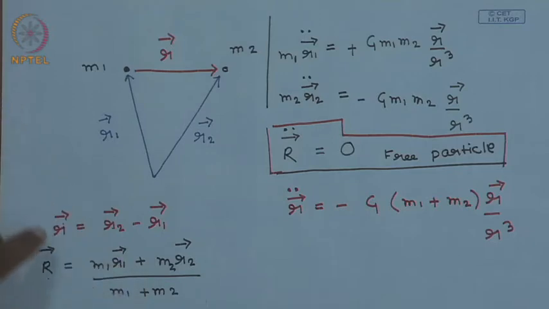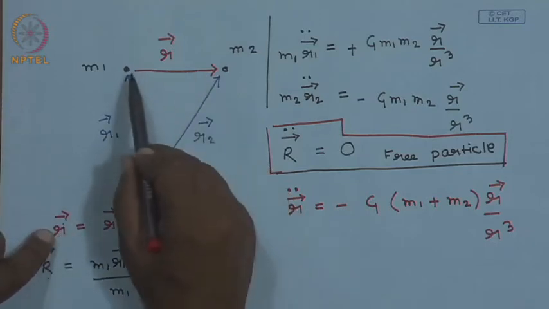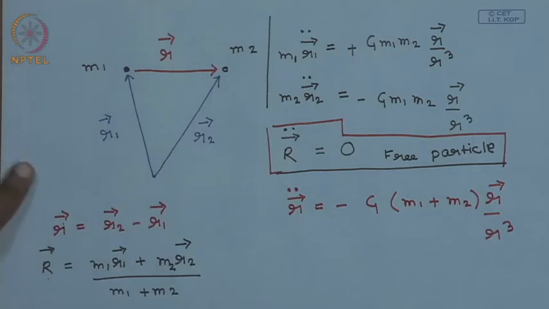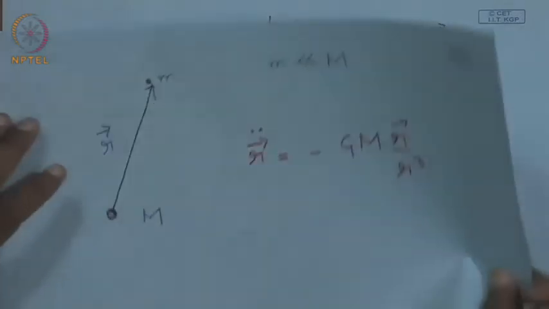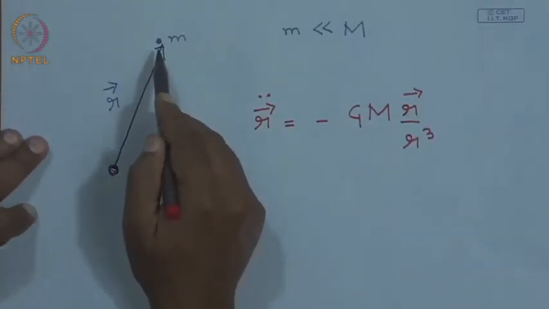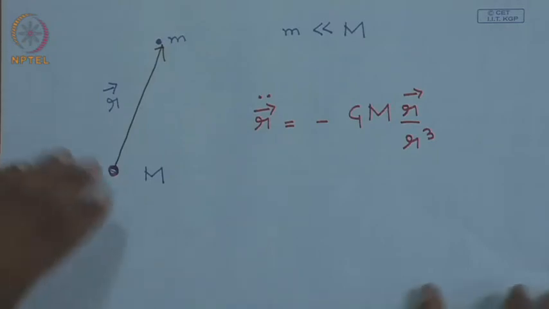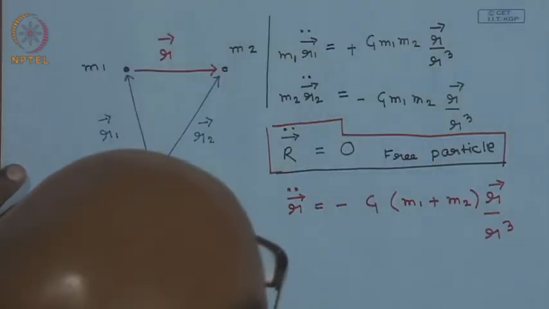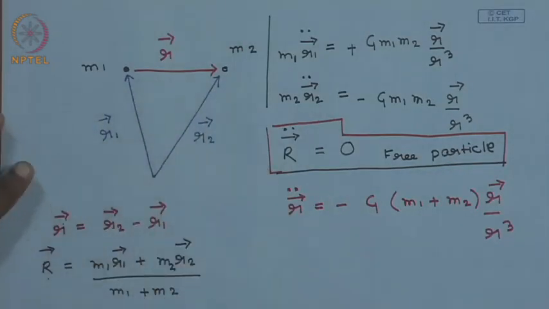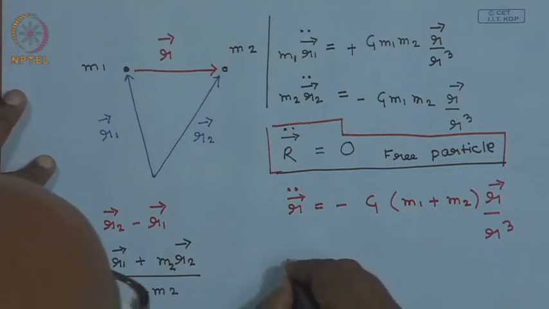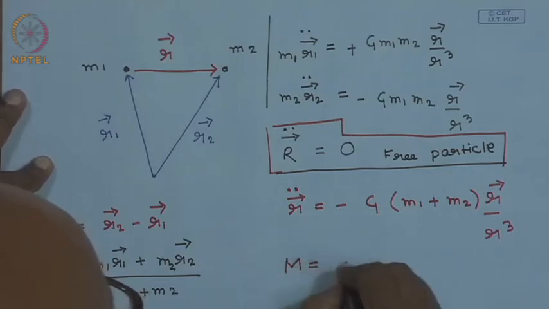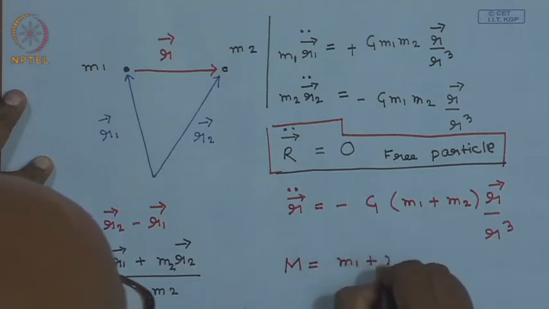So, what you see is that the difference vector, the relative displacement between the two particles, that is governed by this equation, which is exactly the same equation of a test particle in motion around a very massive object of mass m. So, the separation vector between the two particles behaves just like the motion of a test particle in the gravitational field of an object of mass m1 plus m2.